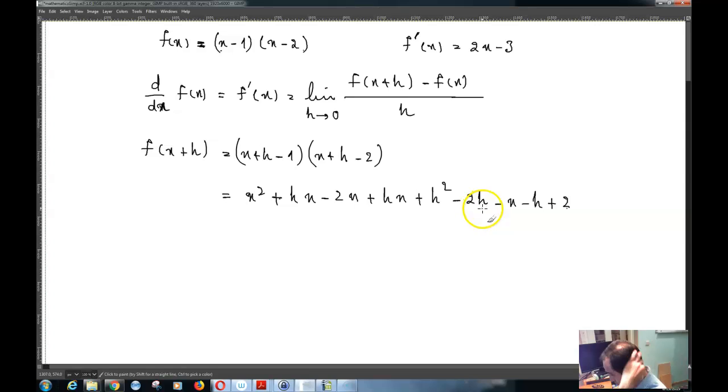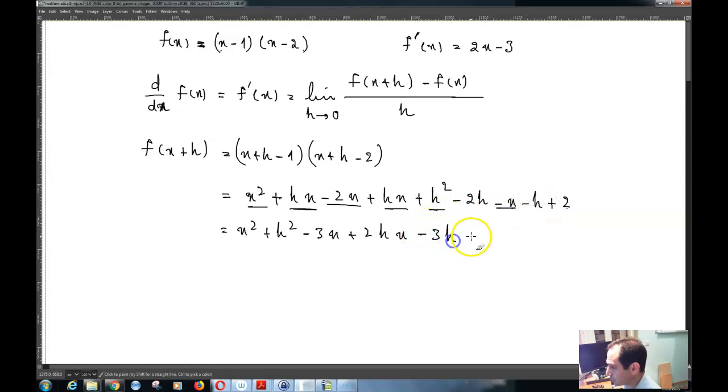and that is equal to x squared plus h squared minus 2x minus x is minus 3x, hx plus hx is equal to plus 2 times hx, and negative 2h negative h is equal to negative 3 times h, plus 2.